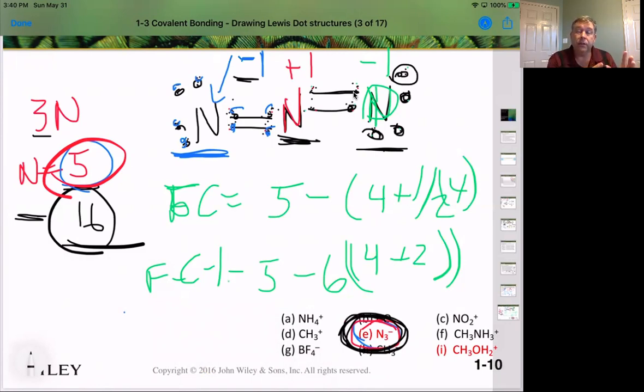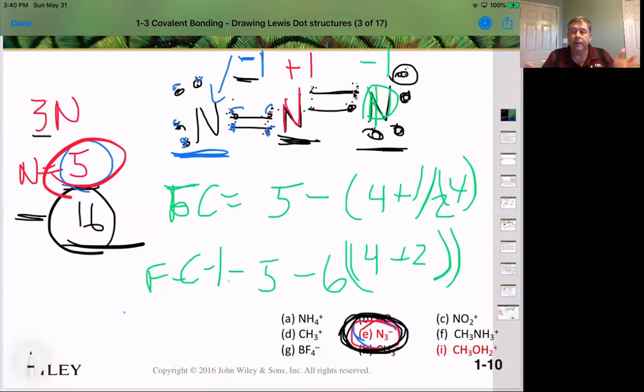One nitrogen has a minus 1 formal charge, one nitrogen has a plus 1 formal charge, and one nitrogen has a minus 1 formal charge. So the pluses and minuses cancel out to give your net molecule a formal charge of minus 1, and the individual atoms sum up as well.